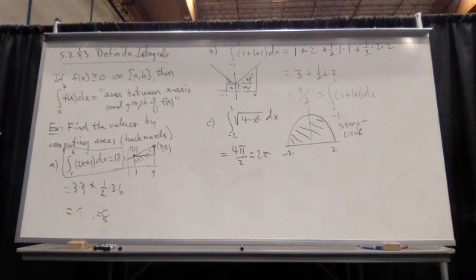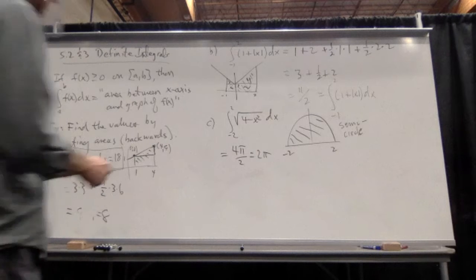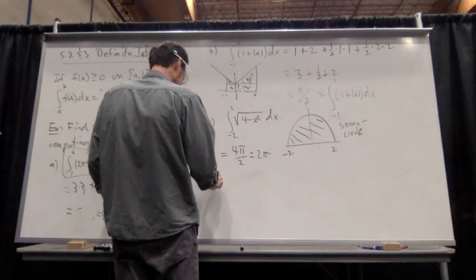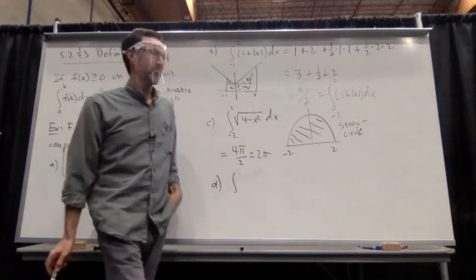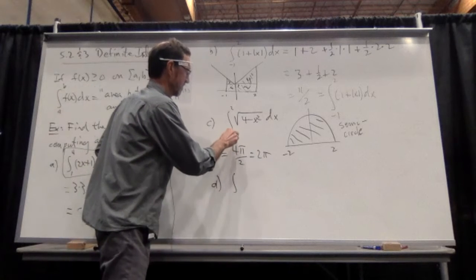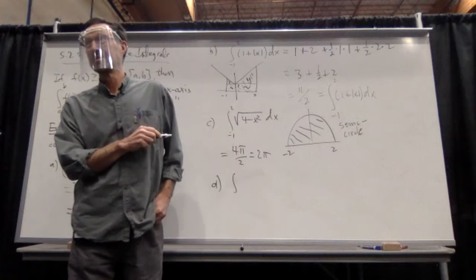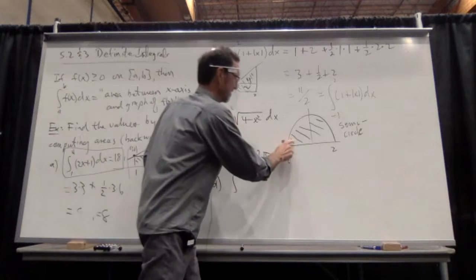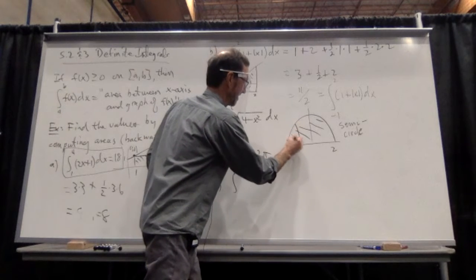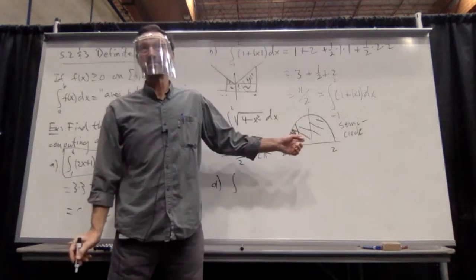And same with part B, the trick we're going to learn doesn't tell us what to do with the absolute value function. So you can't do it. I mean, you've got to do something, you've got to modify it. But here, if we just think of it as area, it's just rectangles and triangles. No problem. I promised you 4. Here's the 4th one. Oh, by the way, if this was minus 1 to 2, then we need to chop off this area over here, and we don't know how to do that from geometry.